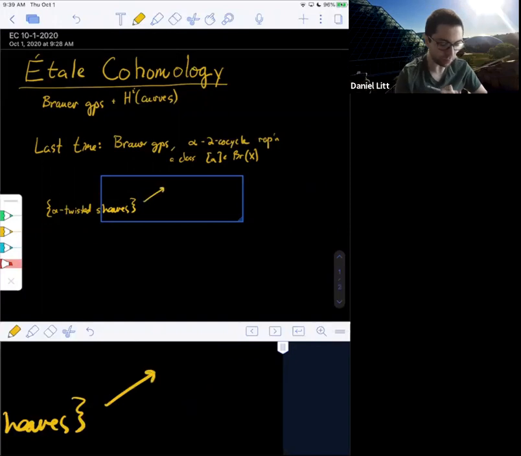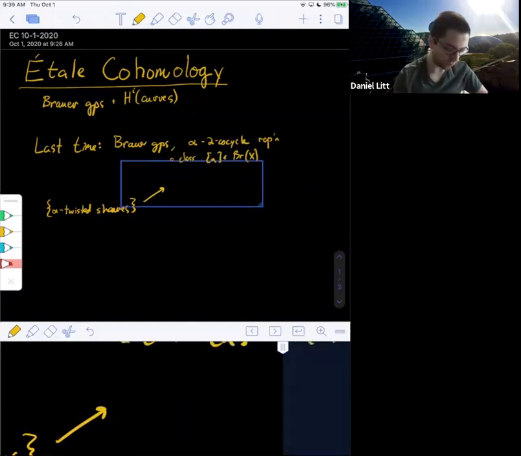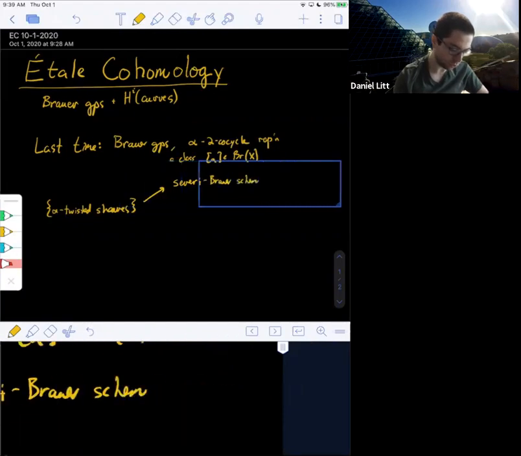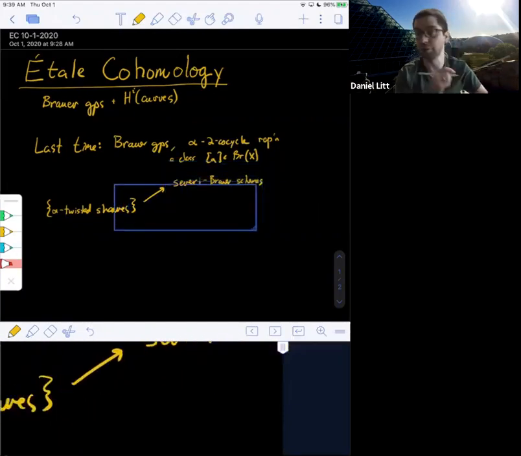And this let us think about two other ways of interpreting a Brauer class, which are maybe more classical, one of which is Severi-Brauer varieties. So Severi-Brauer schemes. So these were twisted forms of projective space, and one goes from a twisted sheaf to a twisted form of projective space by projectivizing it.